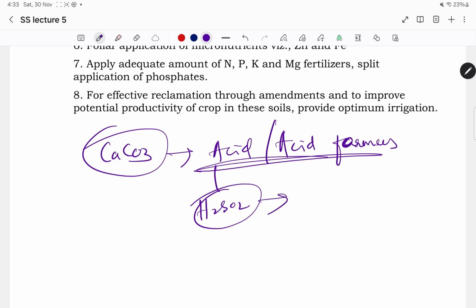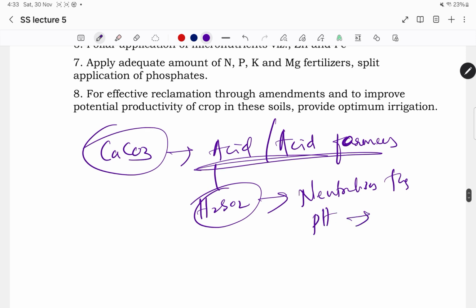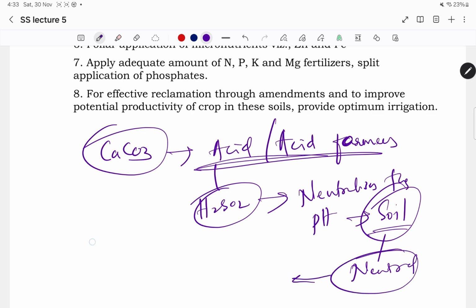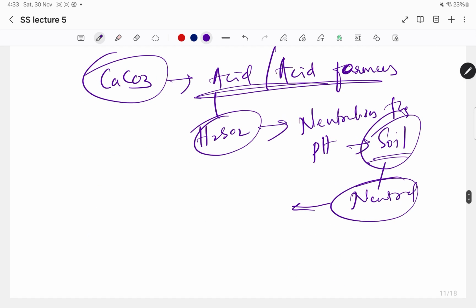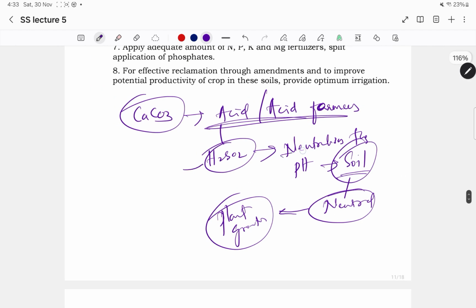When we apply acid, it neutralizes the pH. So the soil becomes neutral. So whatever nutrients are present in the soil will be available for plant growth. This is how, when we apply the acid, it neutralizes the pH of the soil. Then it will directly help in the absorption of nutrients by the plants. This is how we can reclaim the soil.